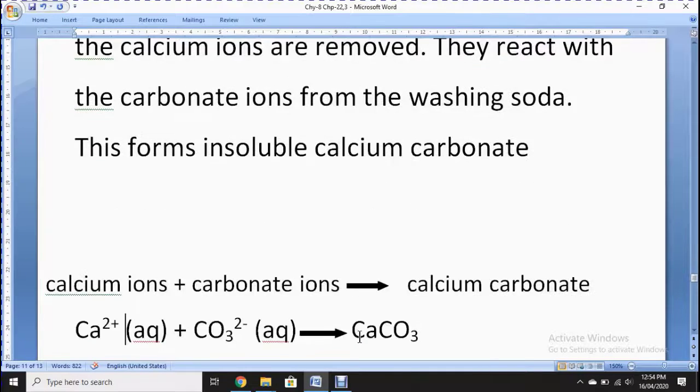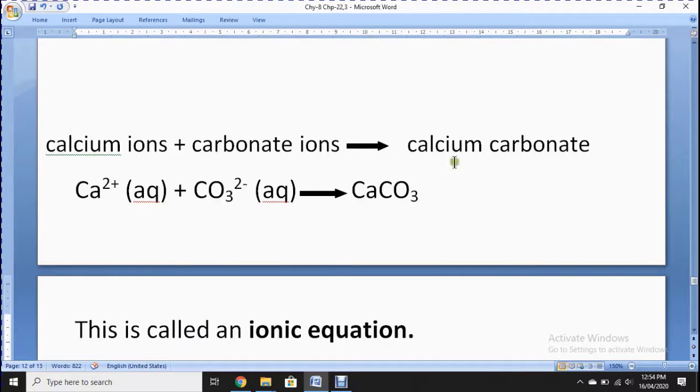So in this reaction, you can see how calcium ions plus carbonate ions react with each other and what do they form? Calcium carbonate. In ionic form, plus and minus attract each other and make a compound or molecule named calcium carbonate.